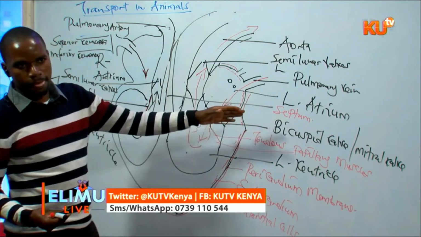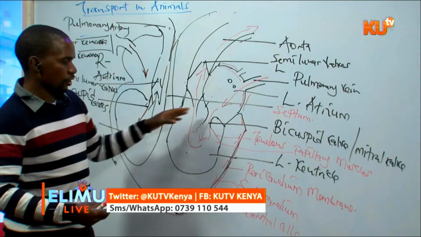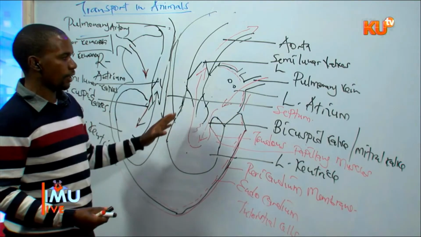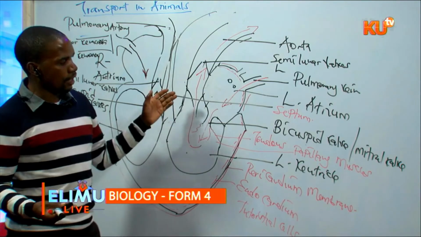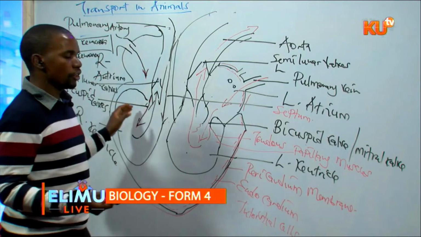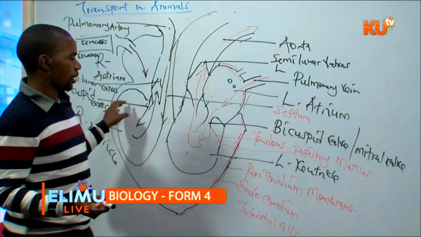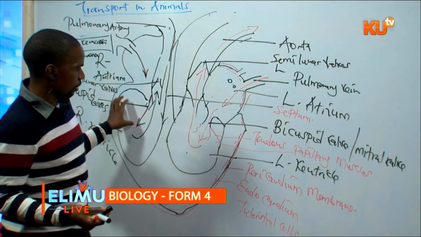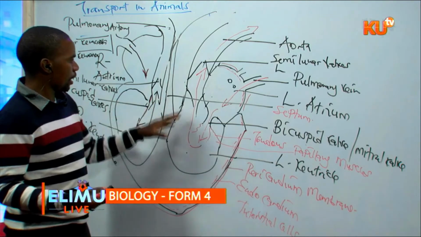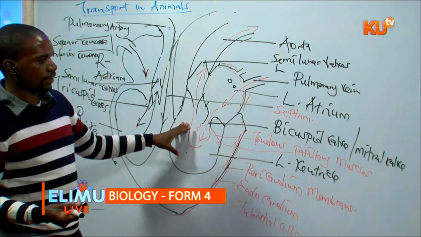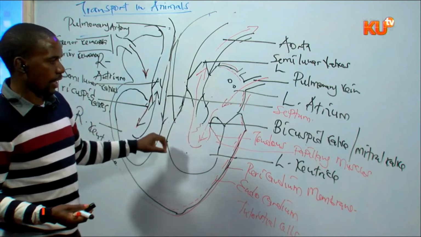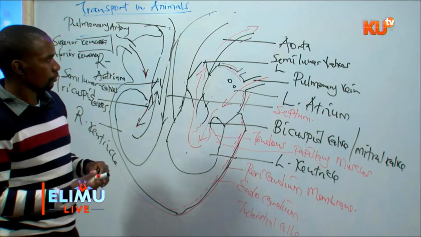So the septum's specific function is to separate the left side of the heart from the right side of the heart, so that the blood that has oxygen is not mixing with blood that has these impurities. So specifically, that is what you need to know as far as anatomy of the heart is concerned.